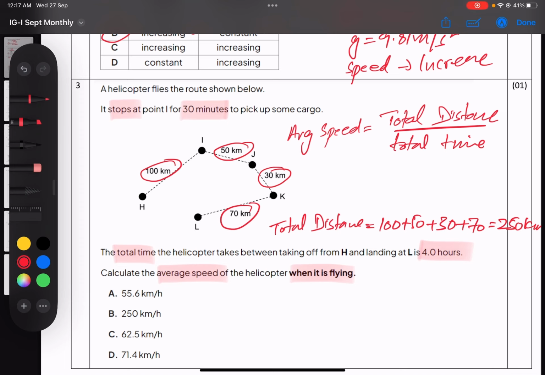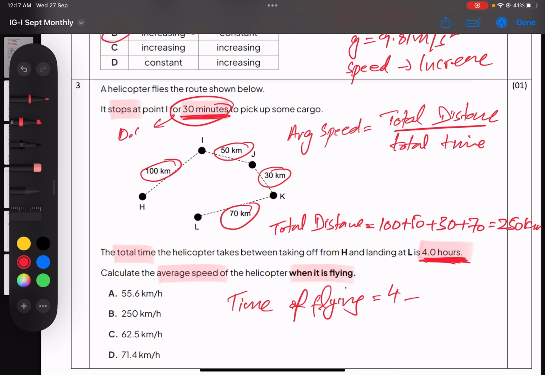And the time of flying: 4 hours is the total time, in which 30 minutes is rest time. So time of flying will be 4 minus 0.5 hours, so that is 3.5 hours. So this is the flying time.